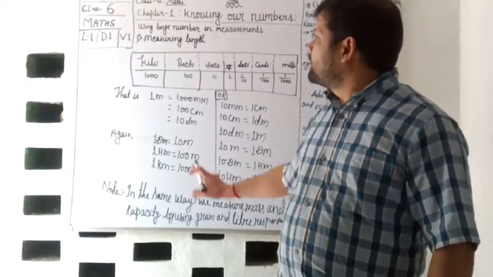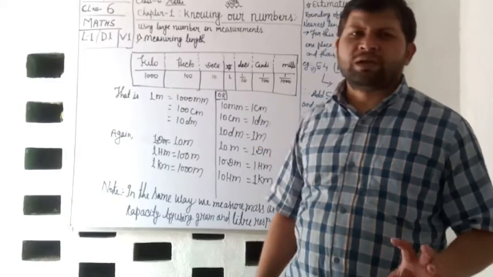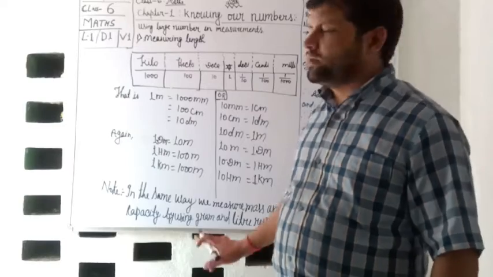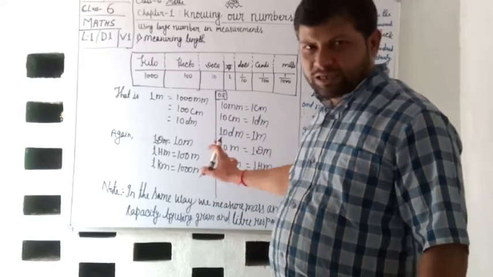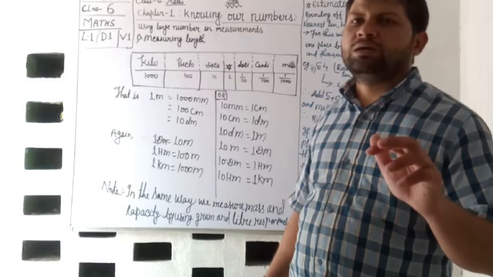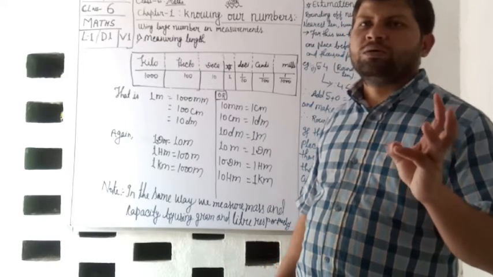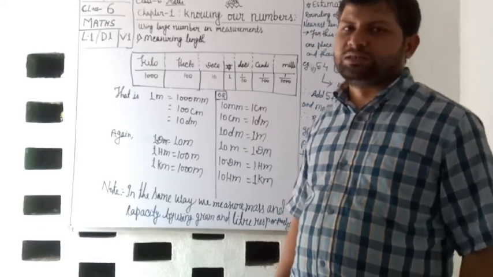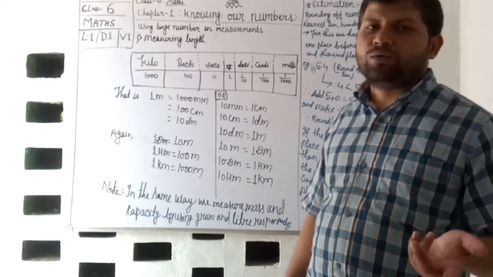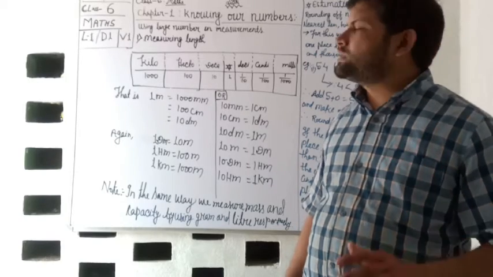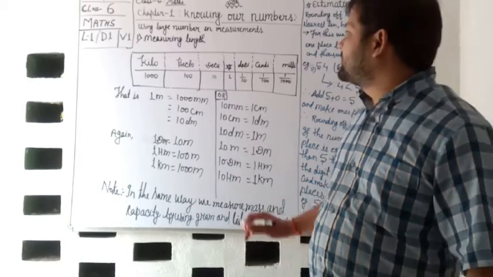This is very useful for you, because by knowing these things you will be able to measure the length, the mass and the capacity of anything. But how can we do so? For this purpose, please look at these things.